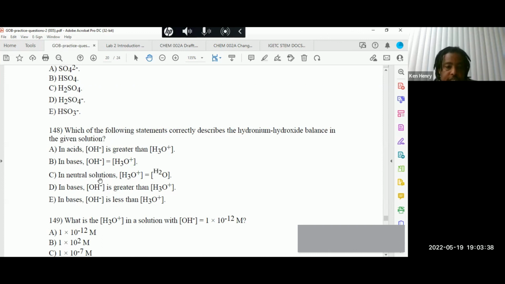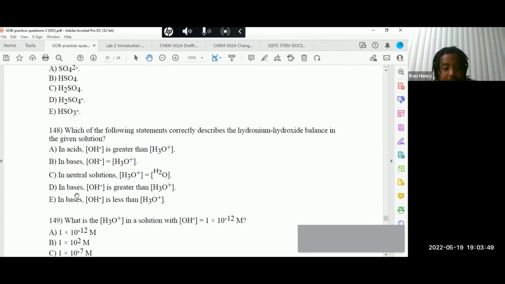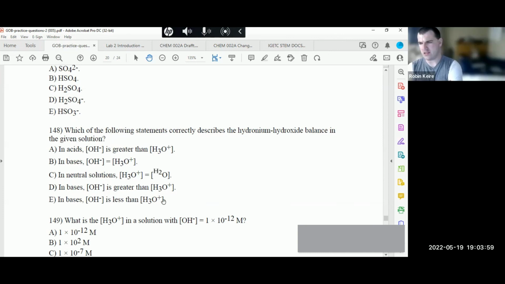In neutral solution, H3O plus equals H2O. D, in bases, OH minus is greater than H3O plus. In bases, OH minus is less than H3O plus. It would be D. D as in donkey is correct.